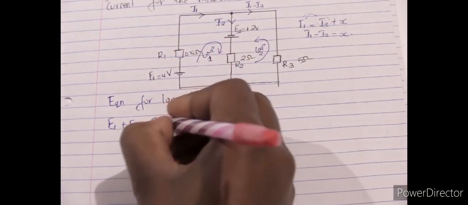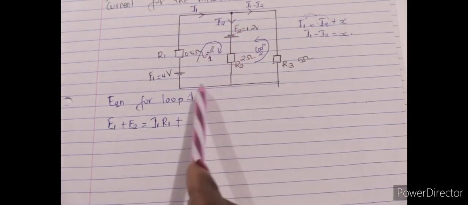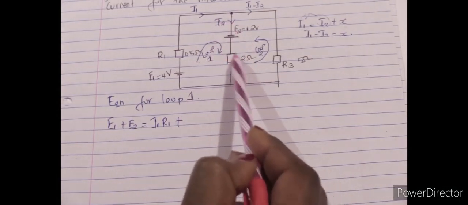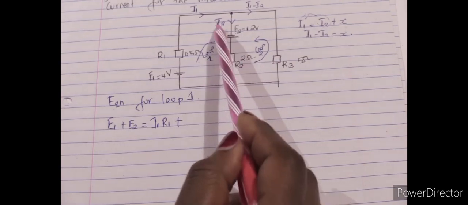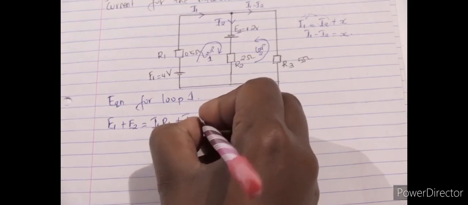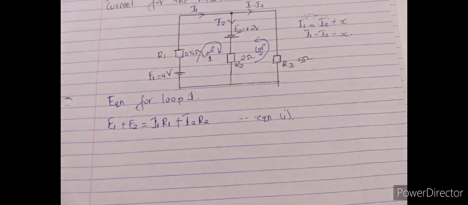So I1 R1 plus, we are still in loop 1, the next resistor is R2, and the current flowing through it is I2. So we have I2 R2. That is our equation 1.